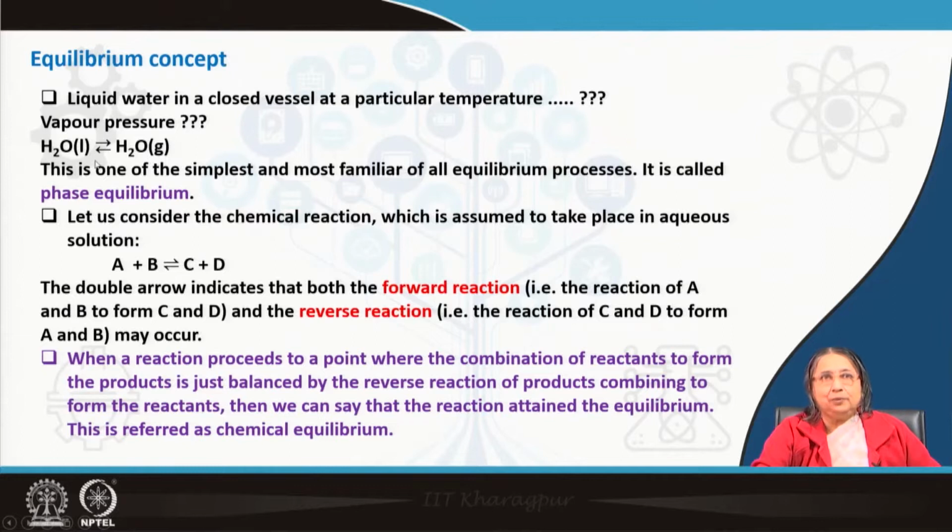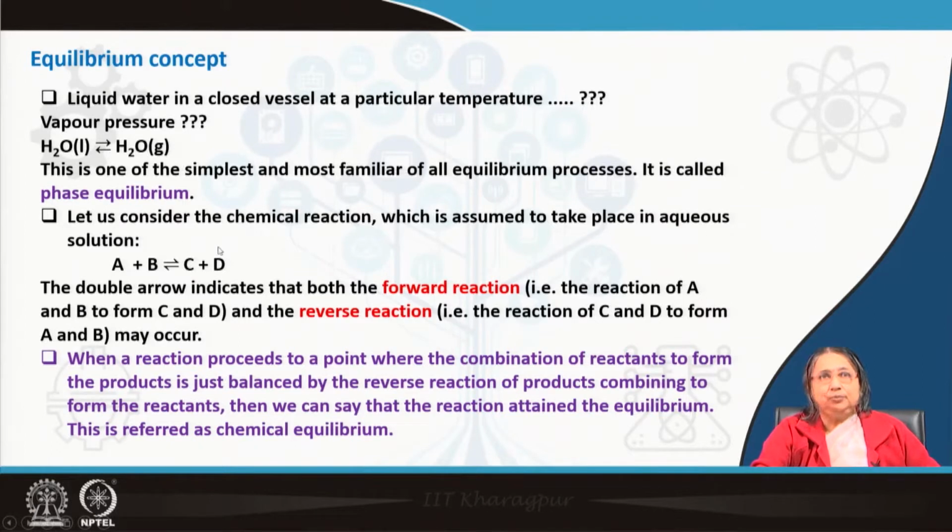At that equilibrium point, the amount of water in the liquid form that is converted to gaseous form, at the same time the same amount of gaseous water will come back to the liquid form of water. This is not the chemical equilibrium, but it is called phase equilibrium.